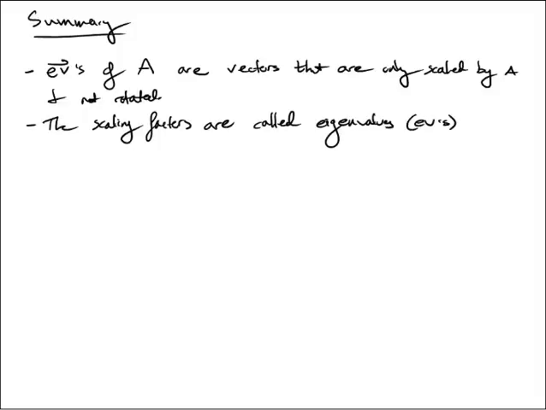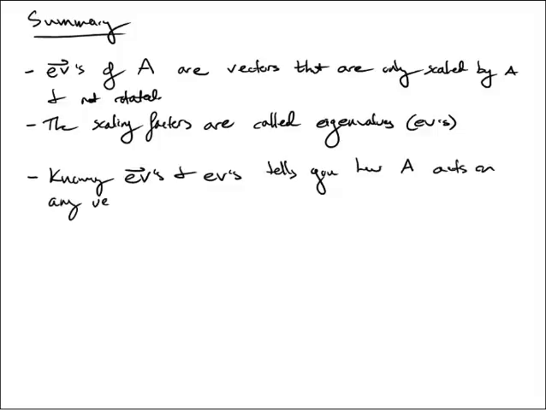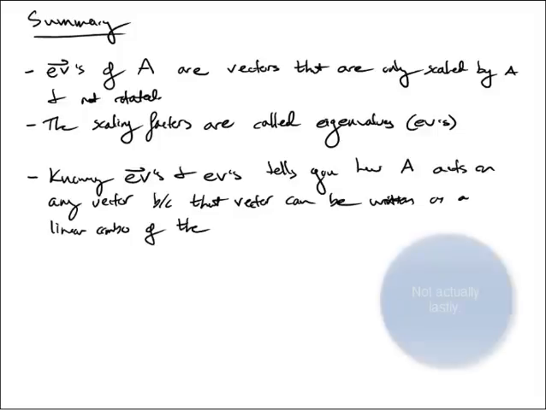And we also had that knowing the eigenvectors and the eigenvalues tells you how A acts on any vector, because that vector can be written as a linear combination of the eigenvectors.